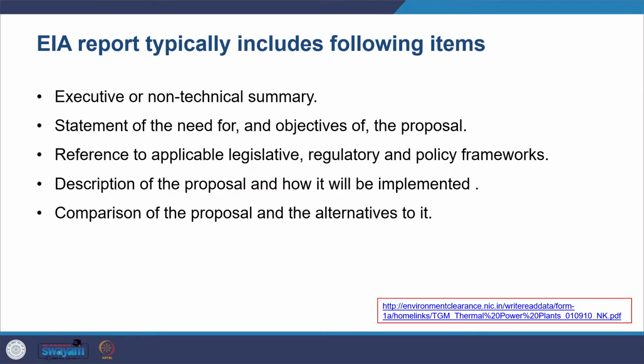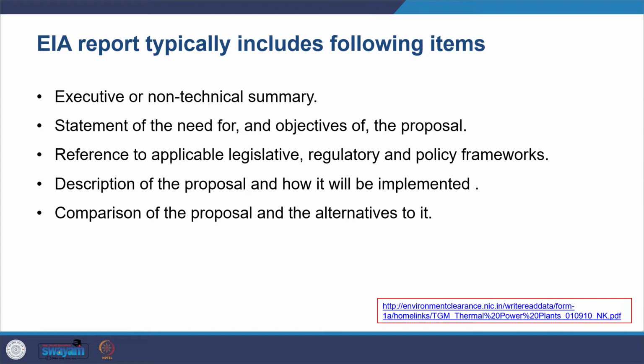So the EIA report, like we have already seen, includes many components. Here you see that it should have an executive or non-technical summary, which would probably be used for the public communication document. So you see the importance of the executive or non-technical summary.